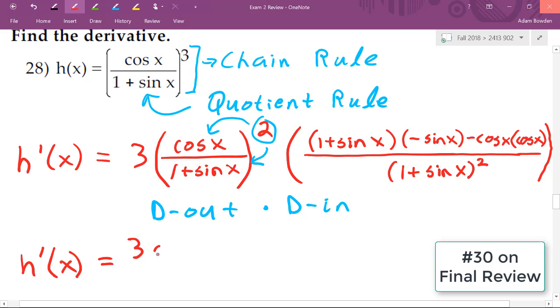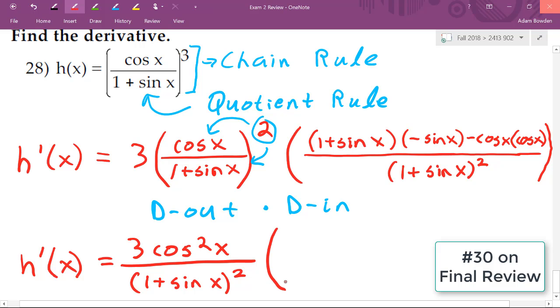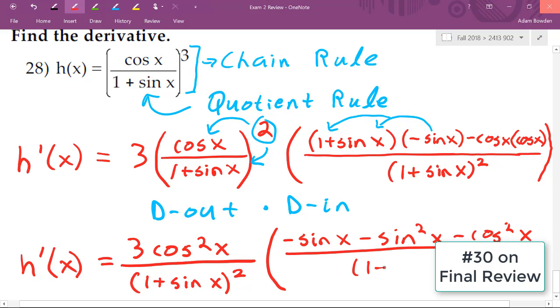So the 3 can go on top with cosine squared x all over 1 plus sine x all squared times, we're going to distribute this into the parentheses here, giving us negative sine x minus sine squared x minus cosine squared x all over 1 plus sine x all squared.